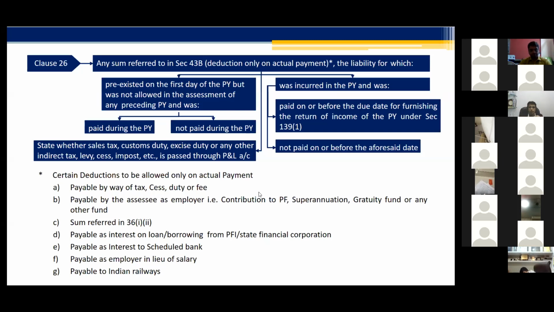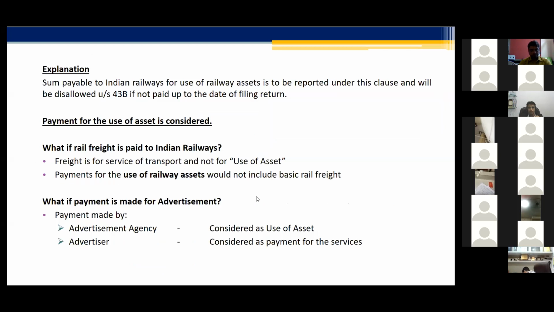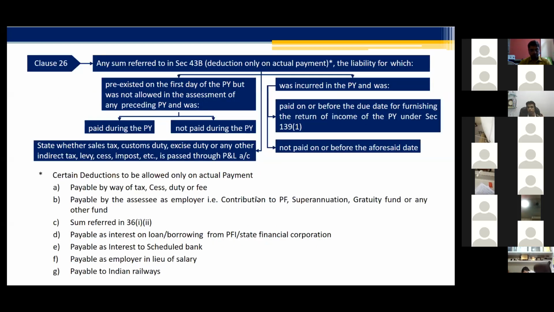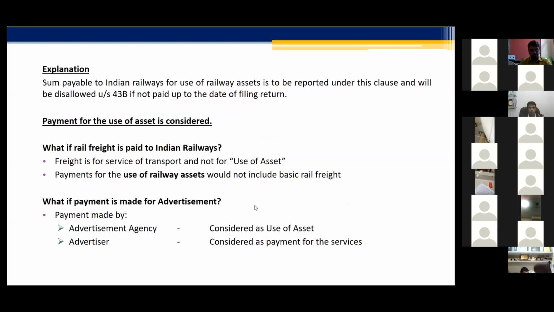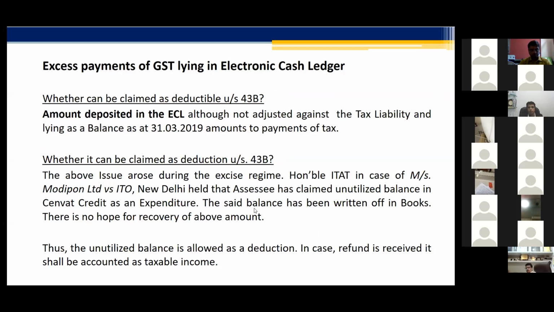Now, this is a very general clause. I would just like to make one point on this. Coming to GST, there are certain excess payments of GST lying in the electronic cash ledger. The excess payments, in the sense, let's take an example. I made certain payments of GST and it's lying in the electronic cash ledger. In my books, it is appearing as a deposit.